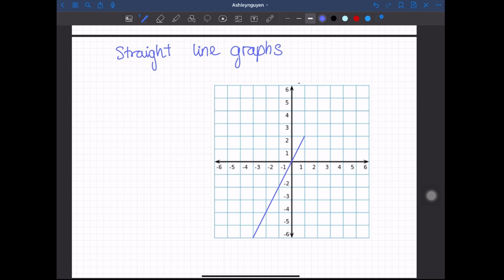How can I extend this one? Right here. Here you are. So the first step, I will state the coordinates of the points on the line.